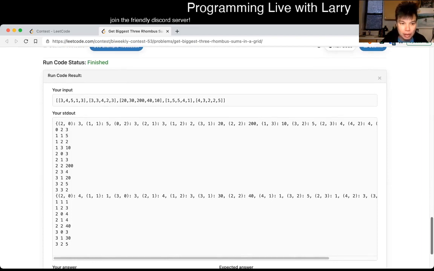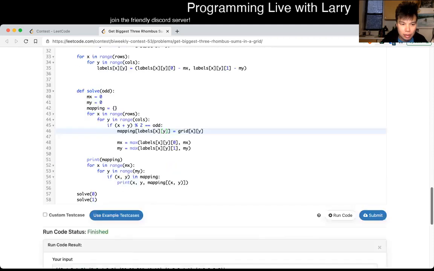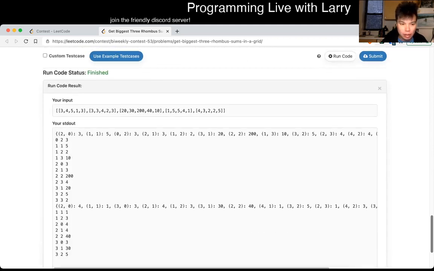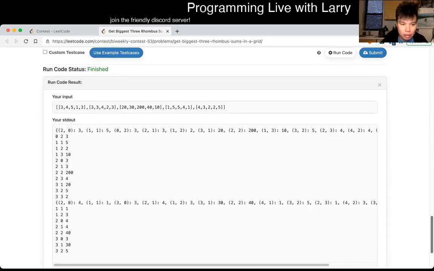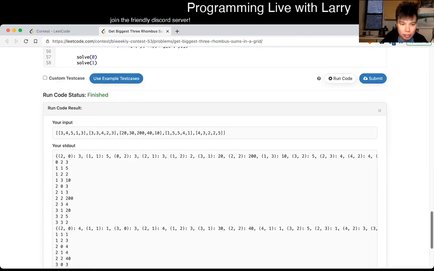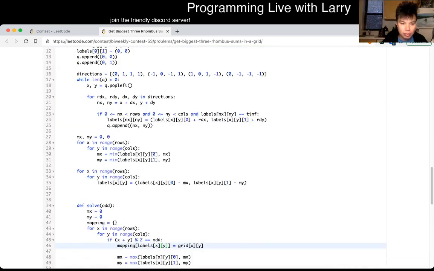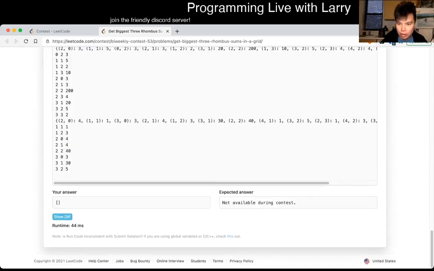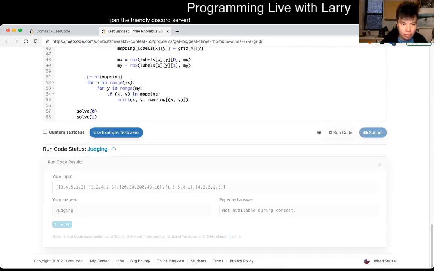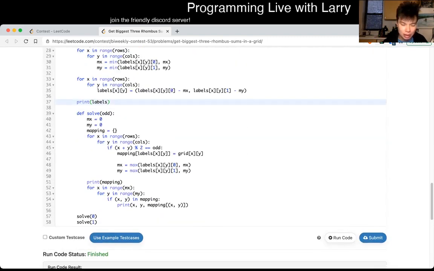Is that right for this one? It's 3. So 20 is the first one. Okay. And this is probably right, but this is so messy.